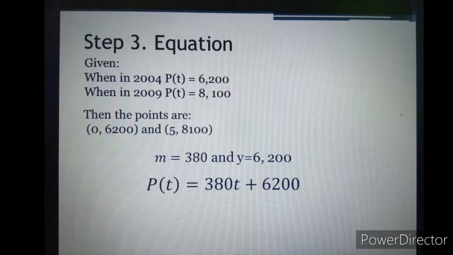That 380 will serve as our slope of the line, and 6,200 is our y-intercept. Substituting that into y equals mx plus b, you will have P(t) equals 380t plus 6,200. So we now have the equation, which is a function that models the situation.